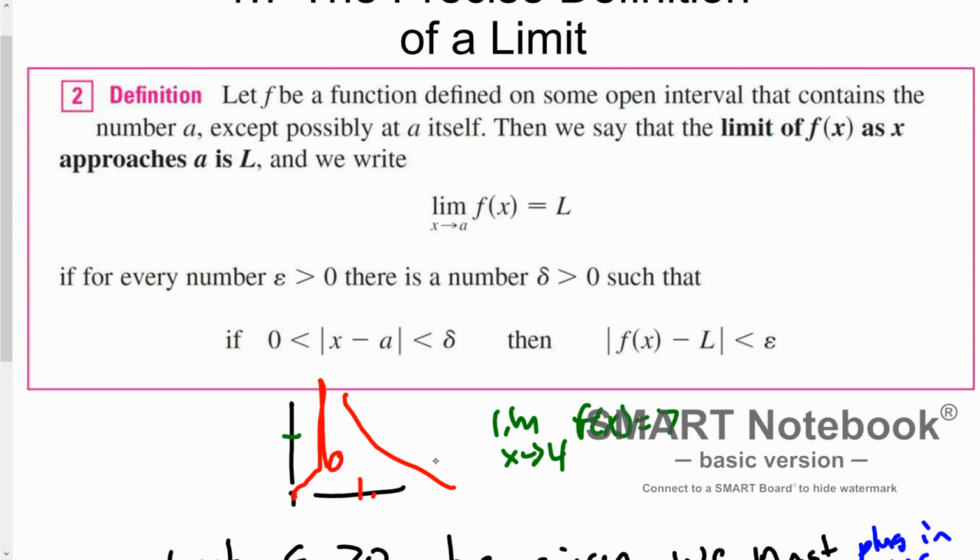Maybe it comes down right there and then takes off. But because you're zoomed in, you can see something changing, where if you zoom out, it looks like a straight line, but if you zoomed in, maybe it's doing something funky in here, like jumping up and down or something like that.